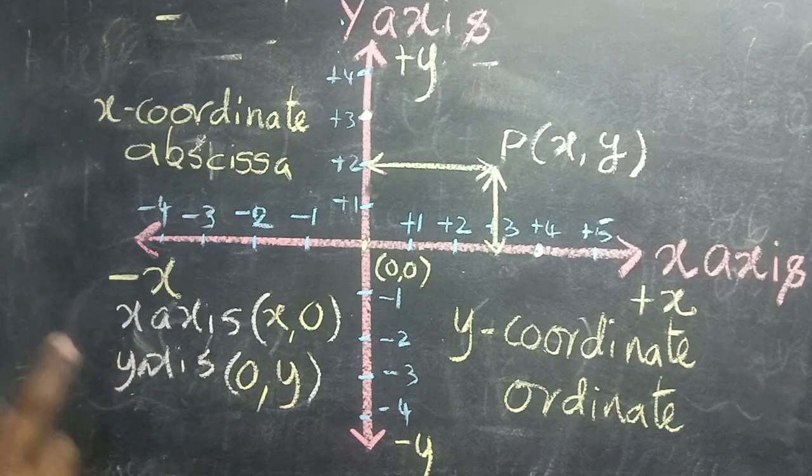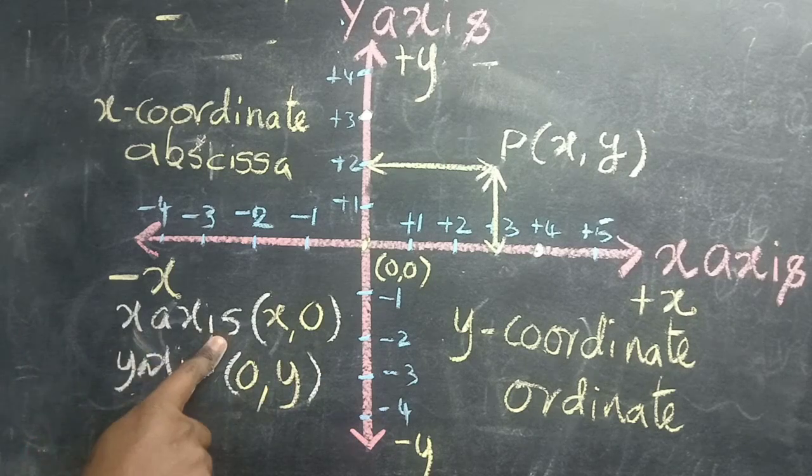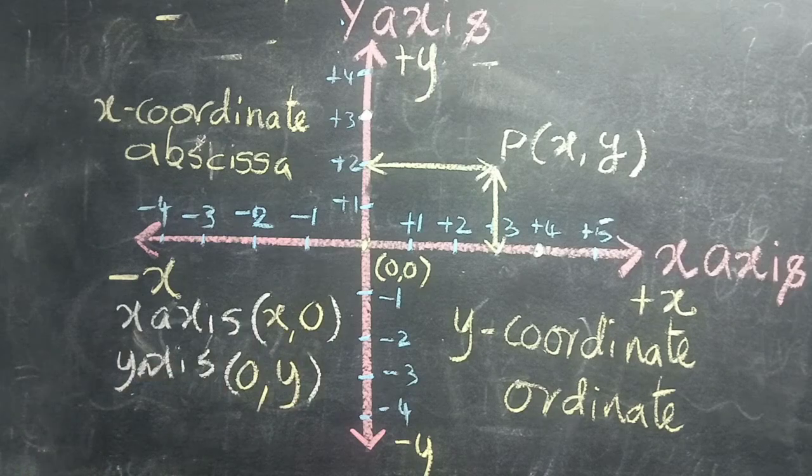Therefore, the general form of a point on the x-axis is x comma 0, and in the same way, the general form of a point on the y-axis is 0 comma y.